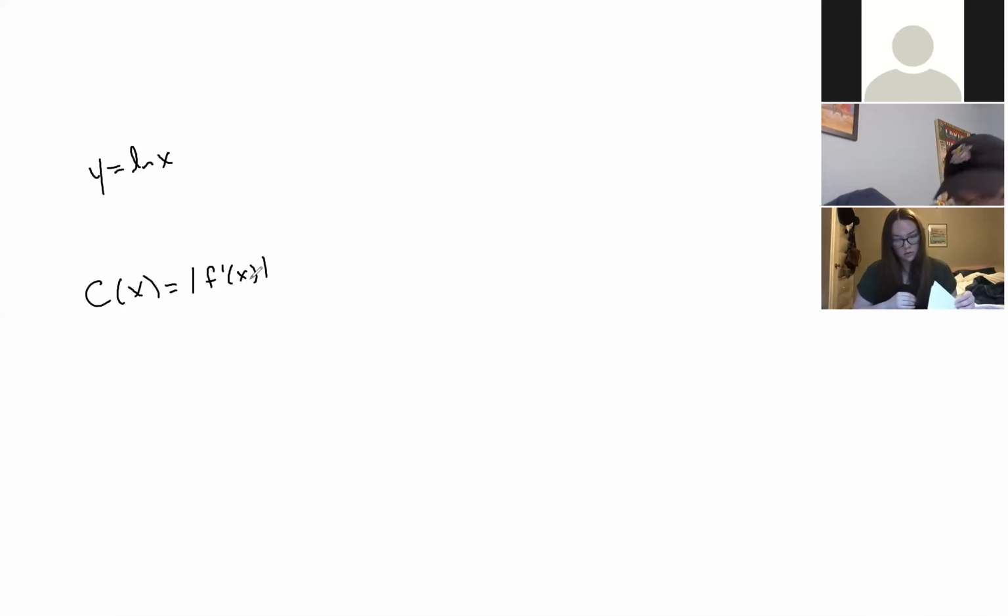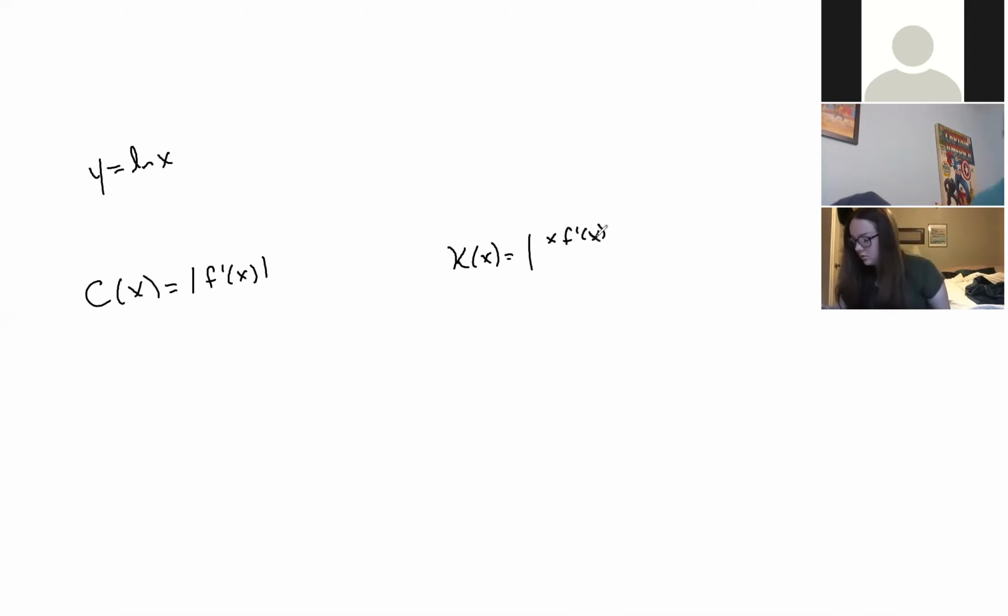And then what's the definition for our relative condition number? It's the absolute value of x times f prime of x divided by f of x.